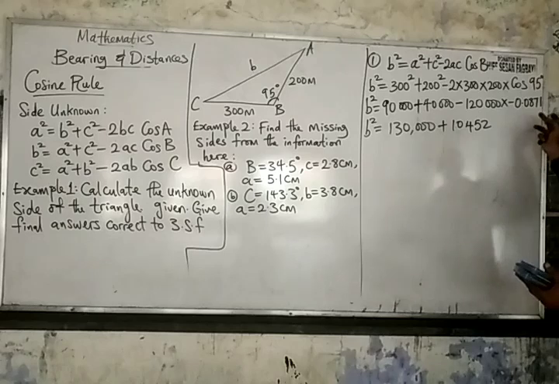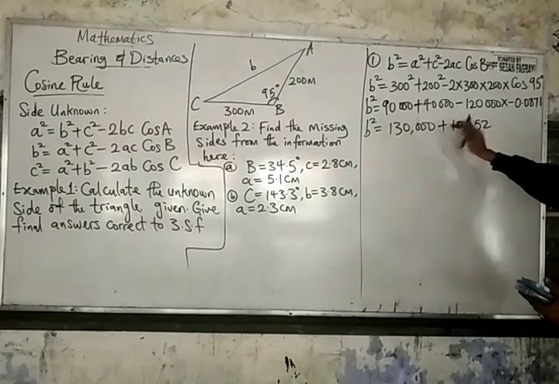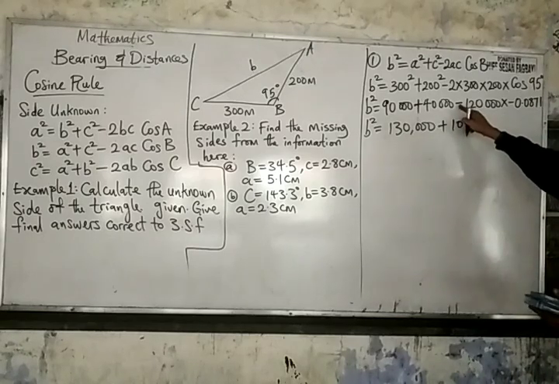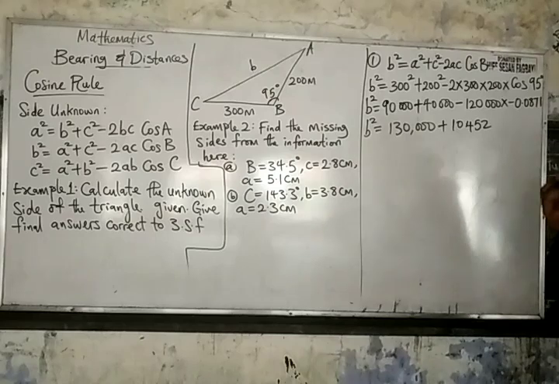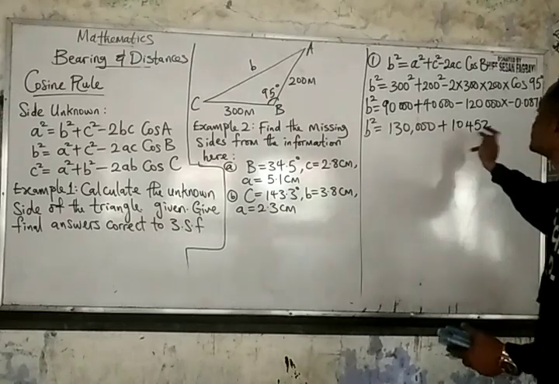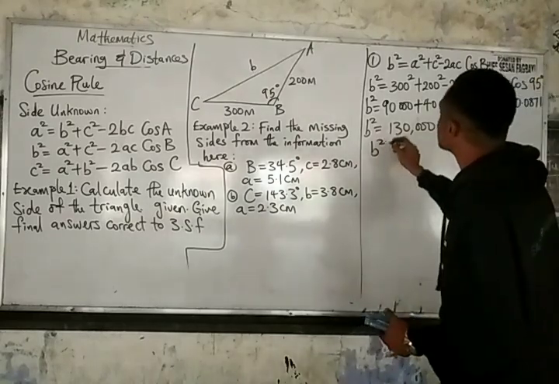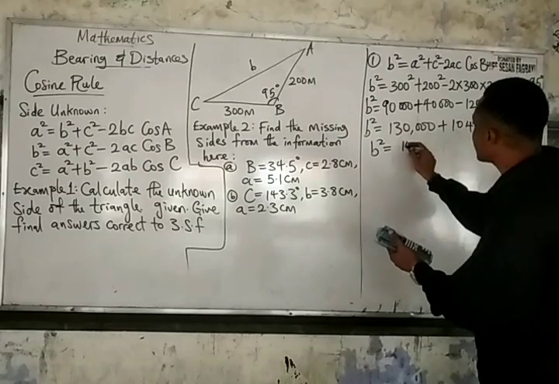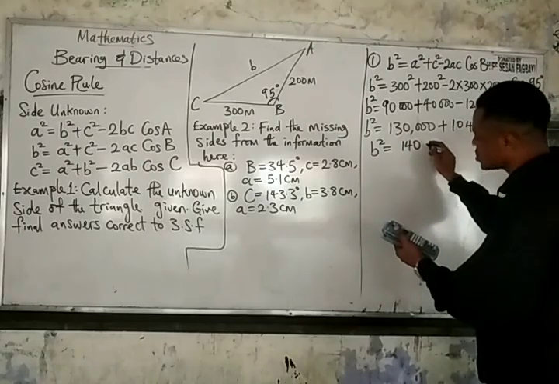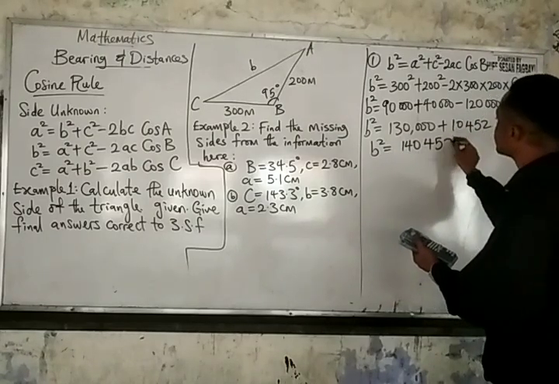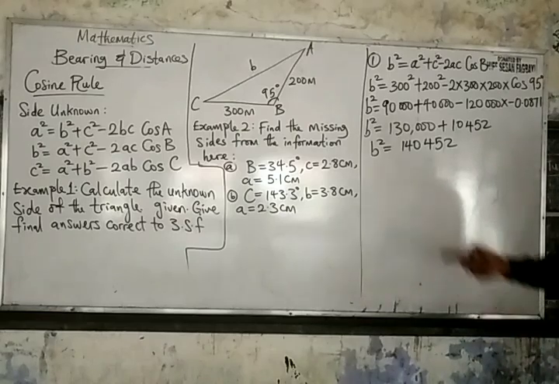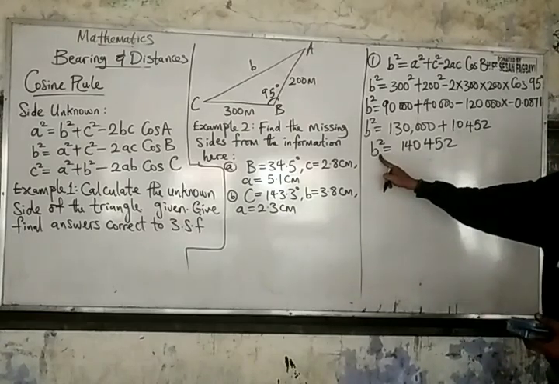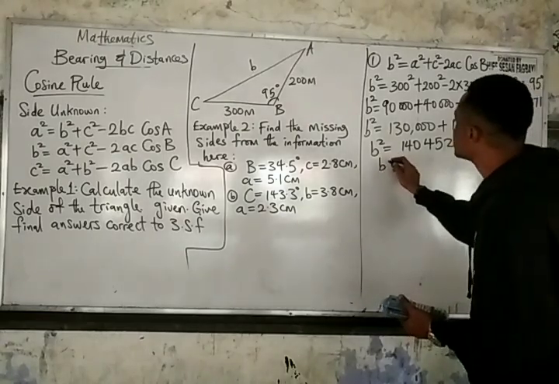Many students make a mistake by leaving the minus sign here, forgetting that minus multiplied by minus will be plus. So we add the two together. We have B squared equals 140,452.